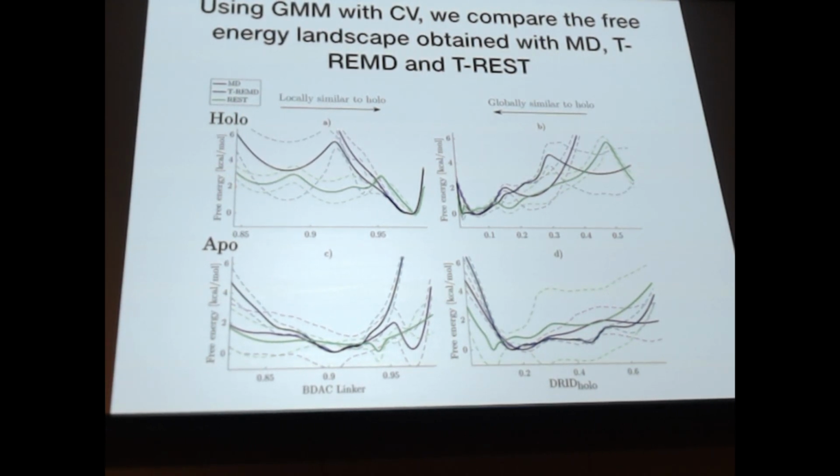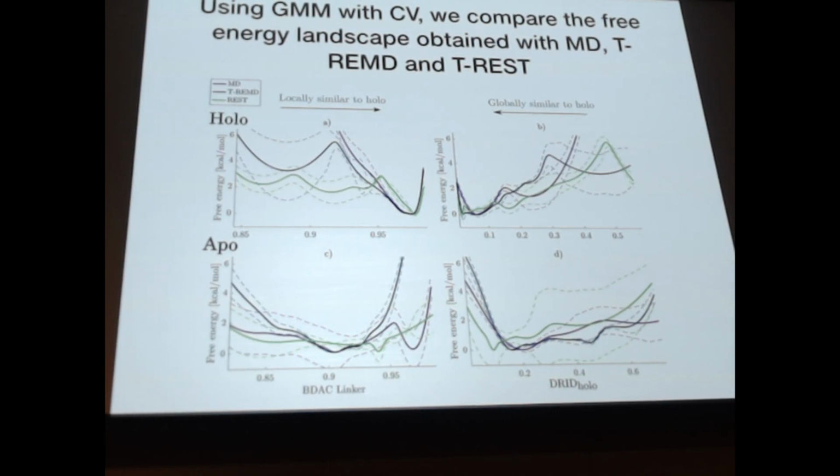As you can see, in the case of no calcium bound here on the bottom, the profiles look somewhat similar. But in the case of the holo ensemble, the profiles estimated along the local collective variable or the global collective variable both look very different. This indicates that the conformational ensembles that we have access to using these 3 methods are completely different.